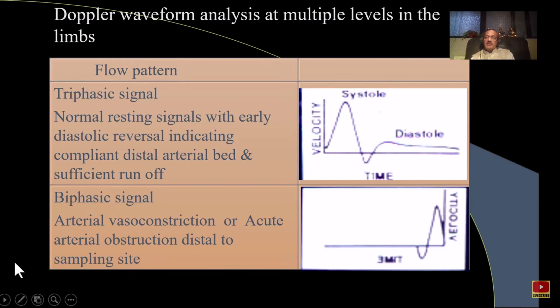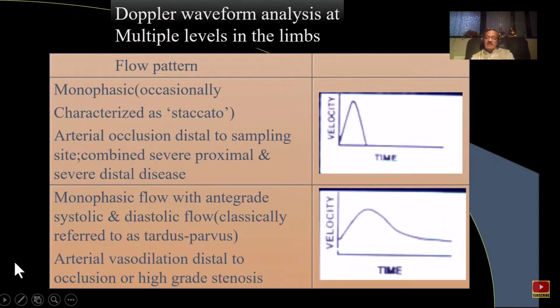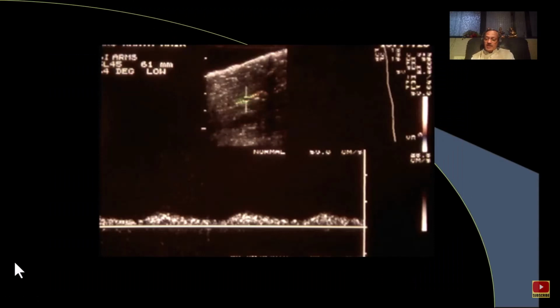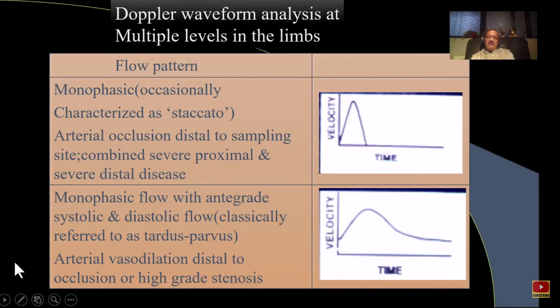So normally we have a triphasic waveform. If it becomes biphasic instead of multiphasic, that means there is an arterial vasoconstriction or an obstruction distal to the sampling site. If it becomes monophasic, then we again know that there's an arterial occlusion distal to the sampling site, or sometimes this can happen in a combined proximal and severe arterial disease.